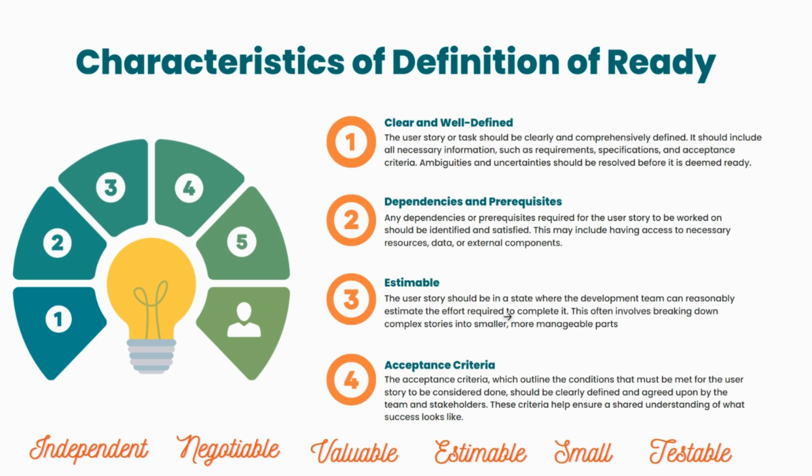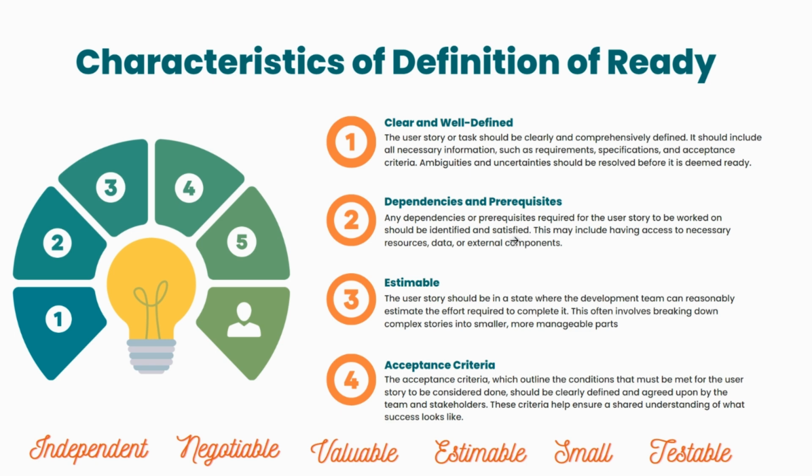During that discussion, the product owner, scrum master, and the development team sit together and discuss the story. At that time they have to make sure all definition of ready components are met, and the story is independent, negotiable, valuable, estimable, small, and testable, so that we are good to start the work once the sprint starts. So at the time of backlog grooming, this definition of ready is executed and is very helpful.